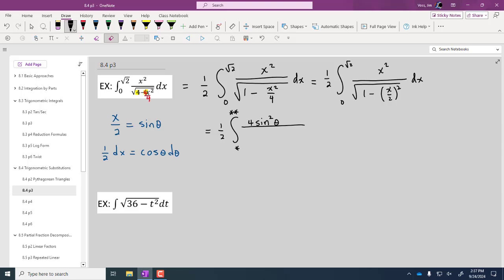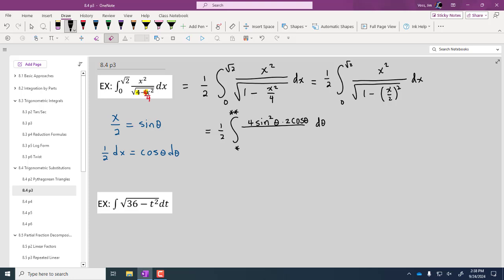Hopefully you're not one of those bad students that leaves off your dx anymore, because now it really matters. That dx has to get replaced with 2 cosine theta d theta. So we'll put that in the numerator. 2 cosine theta d theta. So now we've replaced the x squared, we've replaced the dx.